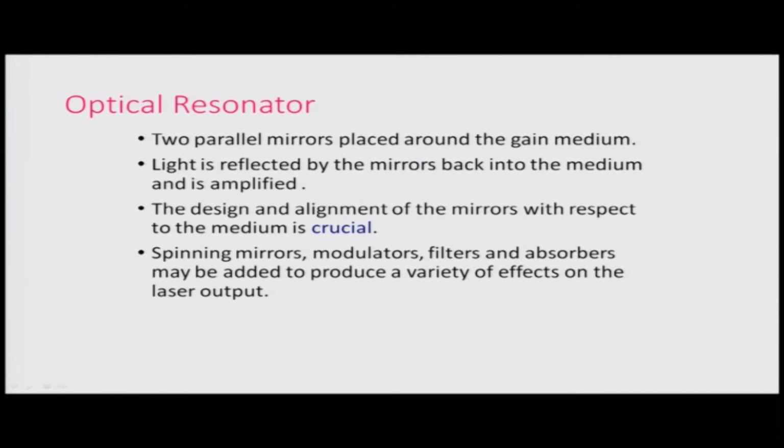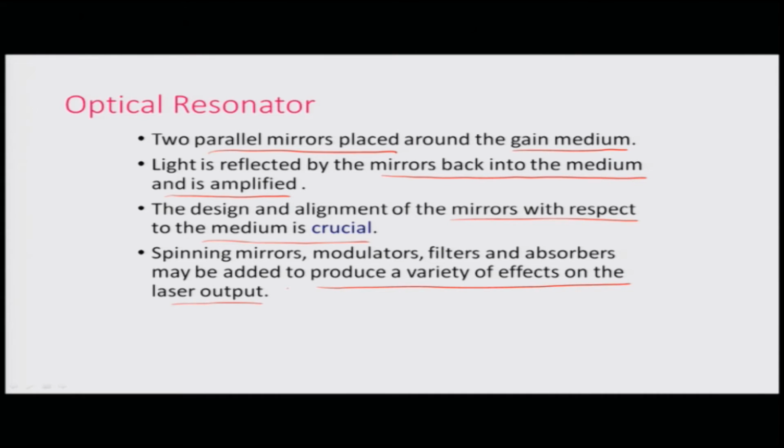The resonator is two parallel mirrors placed around the gain media. The light is reflected by the mirrors back and forth into the medium and is amplified. The design and alignment of the mirrors with respect to the medium is crucial. Spinning mirrors, modulators, filters and absorbers may be added to produce a variety of effects on the laser output.